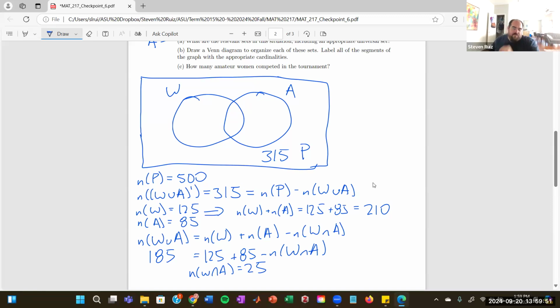So what did I just find? I found the thing that's going to hopefully unlock the rest of this problem for me. I know this intersection is 25. So that's going to help me figure out everything else. I know that the number of women in this tournament was 125.